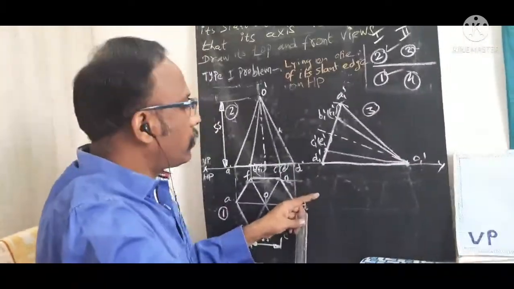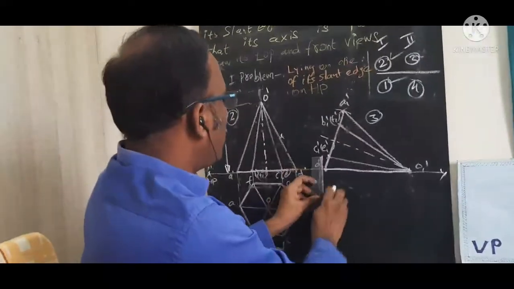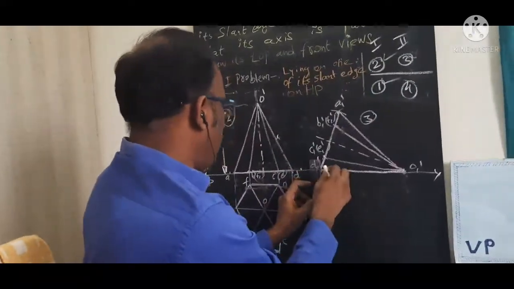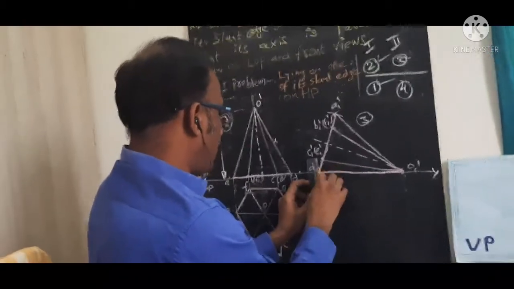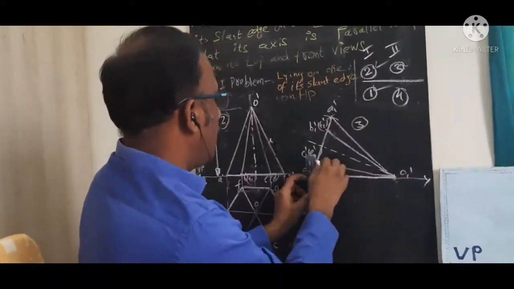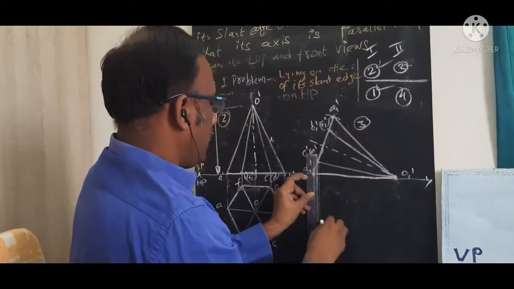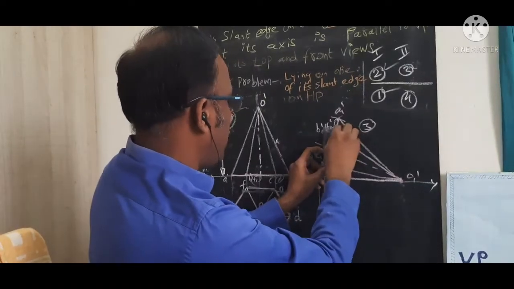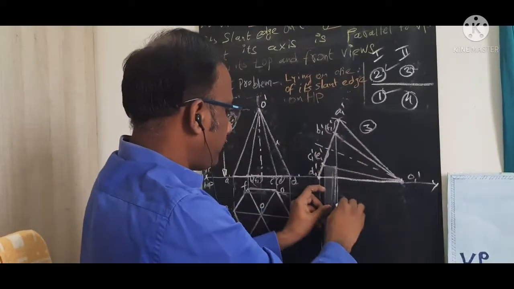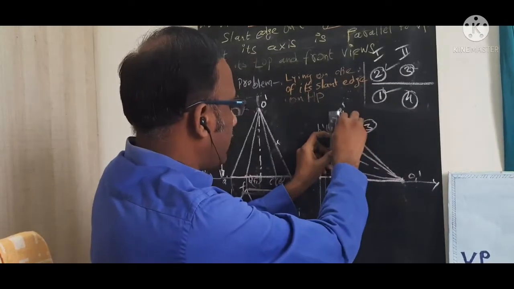Now we want to draw the corresponding top view, for which first draw vertical lines from all these corner points in step number 3. Draw a vertical line from this point, another from this point, then from this point, and from A1 dash.